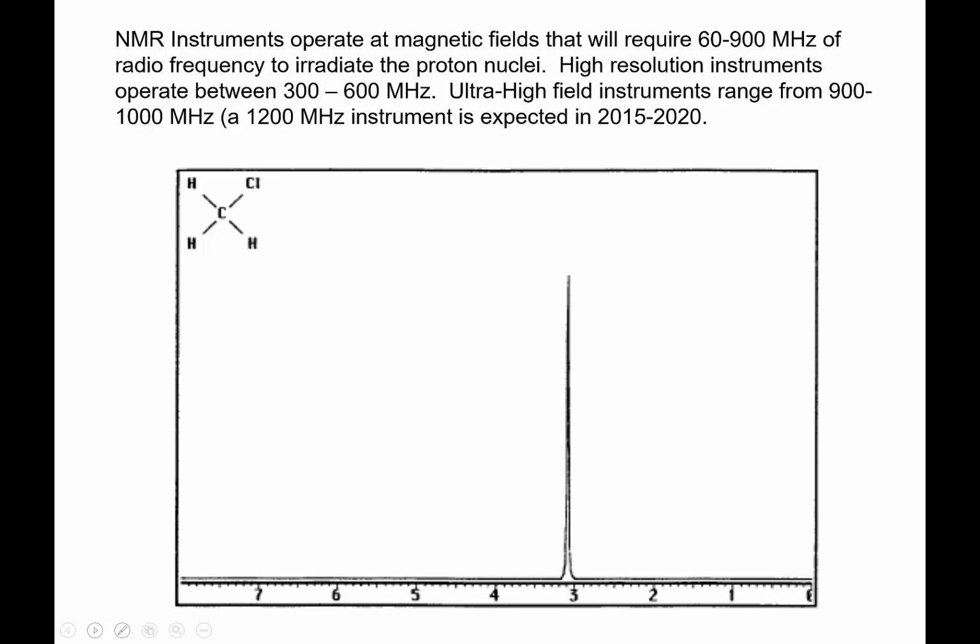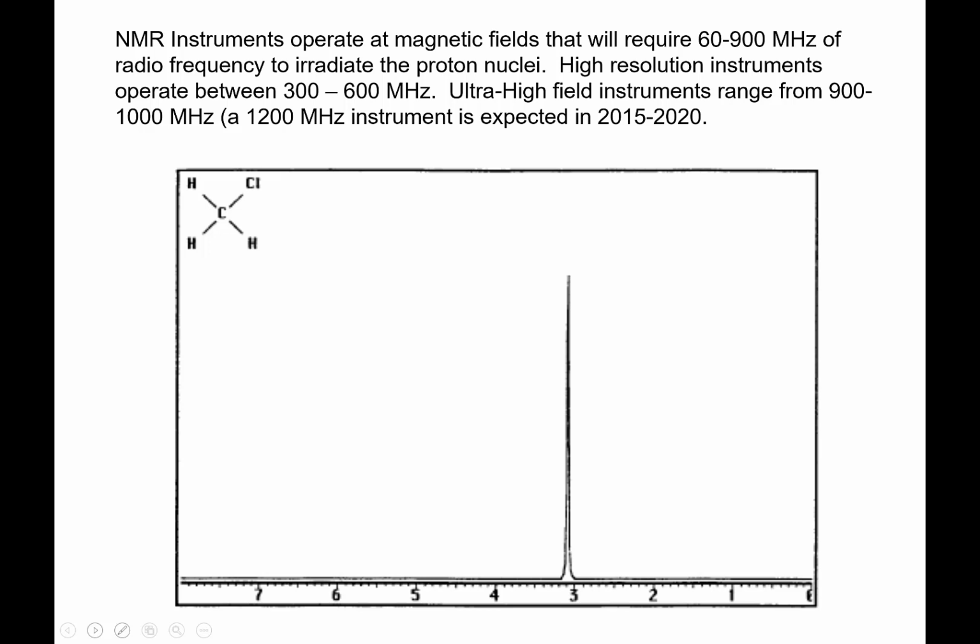Okay, so then we end up with a spectrum. So here's the spectrum of methyl chloride. This peak corresponds to the frequency of the spin flip for those three hydrogens.